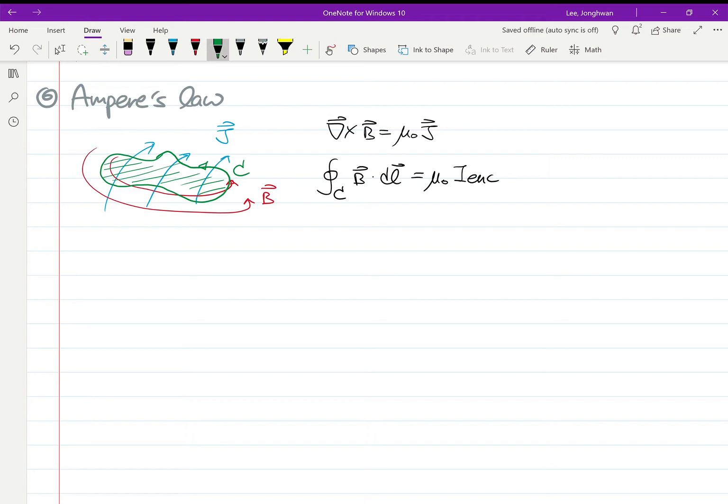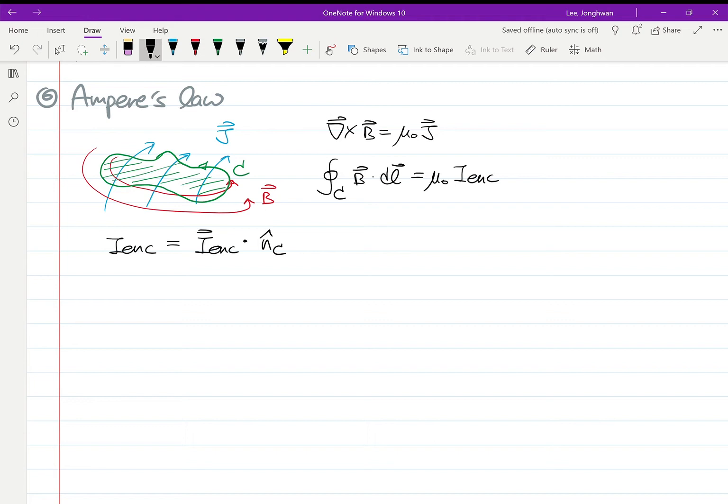And in the previous videos, I introduced the current vector I, so current as a vector. And here we need the magnitude, the scalar I enclosed. So from the vector current, we can define this scalar I enclosed to be the vector current I enclosed dot product n_C hat.